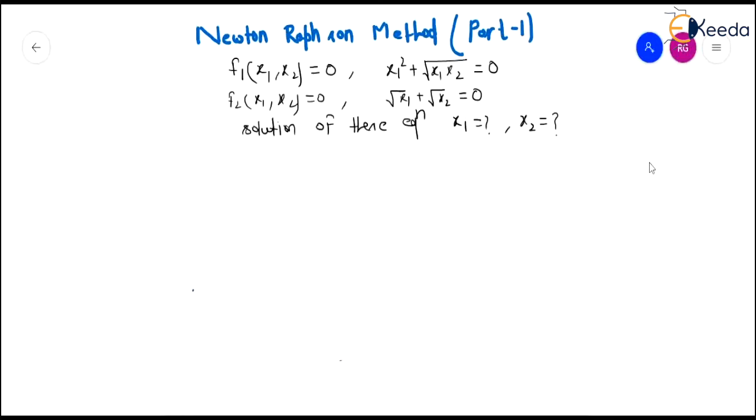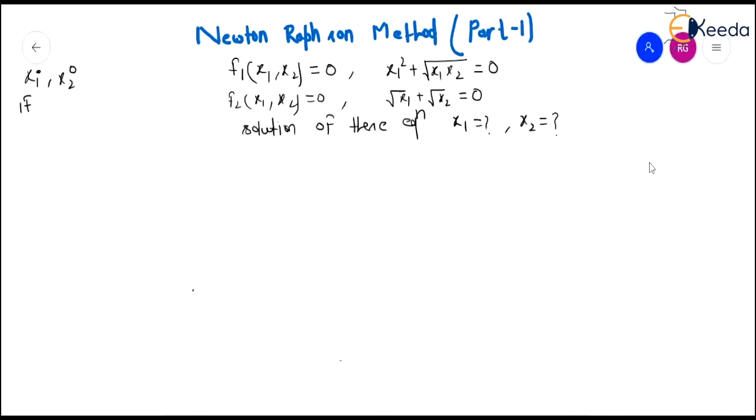Let us assume any value x1 naught and x2 naught. If this value has been given in the question, then it is okay. Otherwise we can take any value x1 naught and x2 naught, then we can find out the final solution.